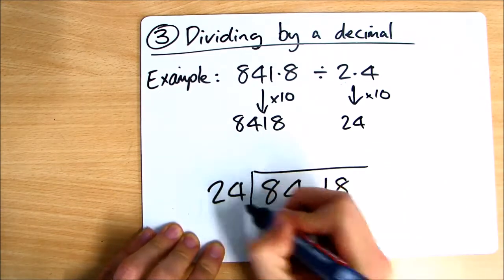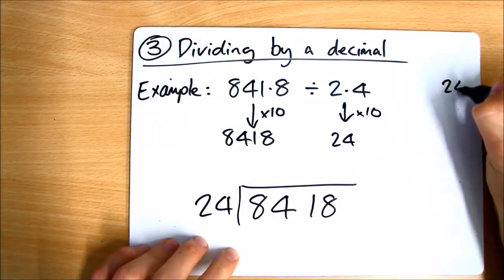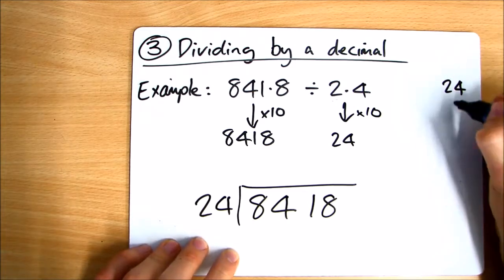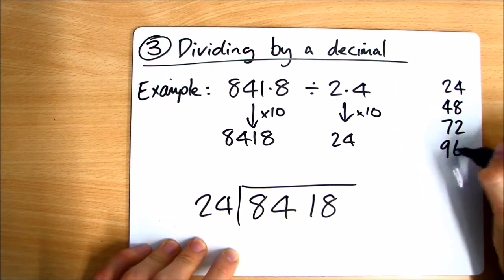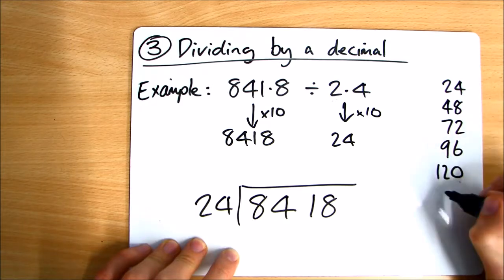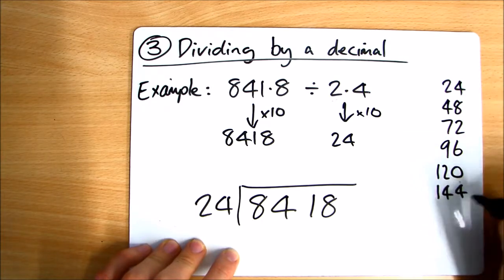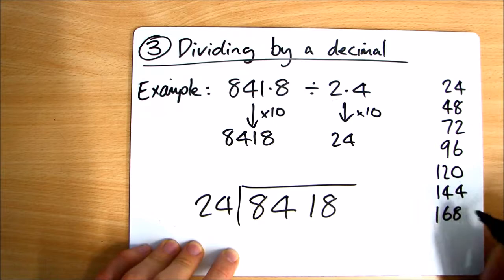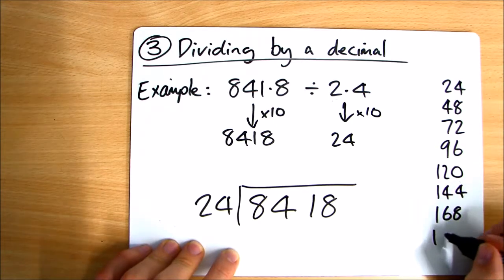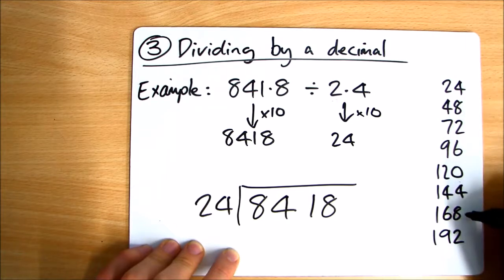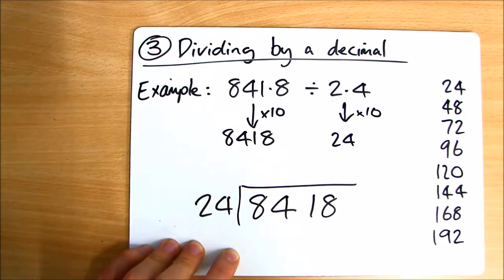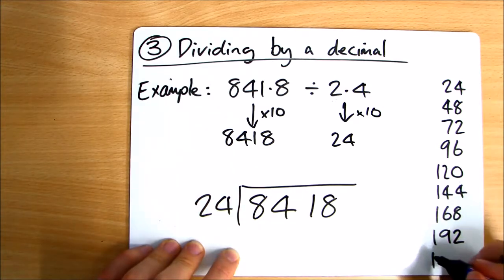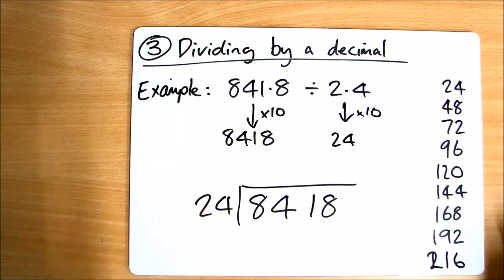8,418 by 24. Let's write out our 24 times tables. 24, 48, 72, 96, 120, 144, 168, 192, and then another one of those, 216.